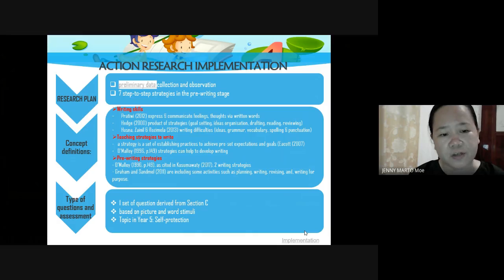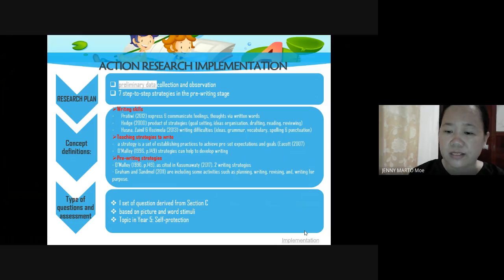Next, for the type of questions and assessment, I have derived one set of questions from section C, which requires the students to write an essay based on picture and word stimuli, taken from a Year 5 topic, which is self-protection.